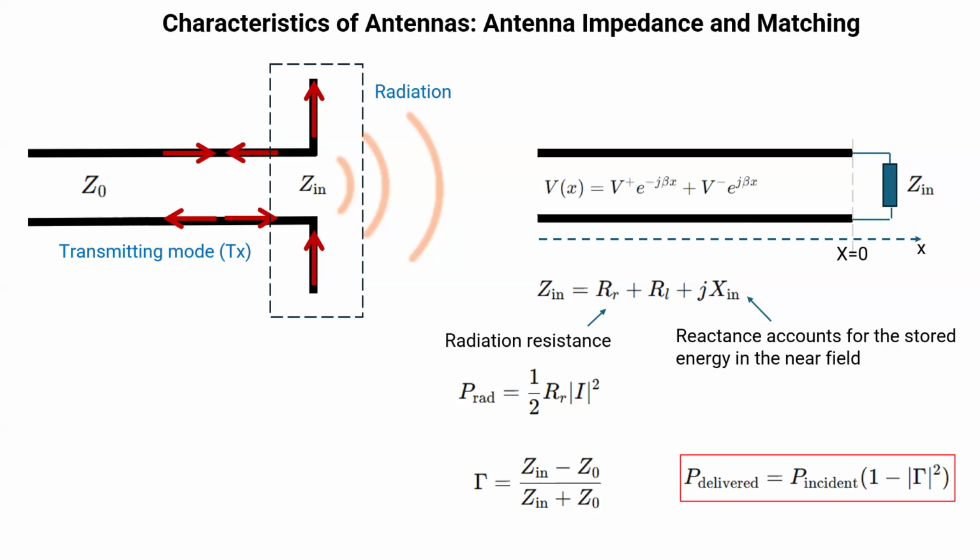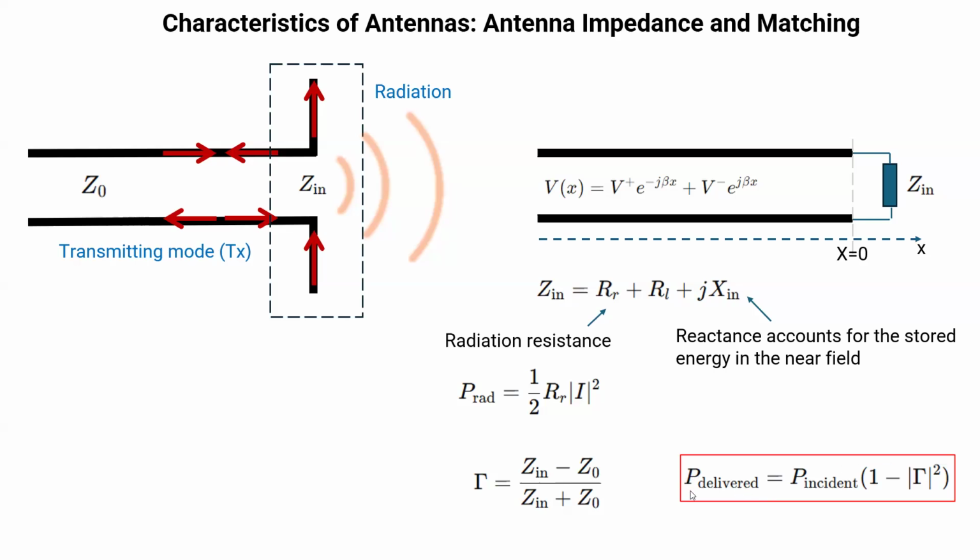I'm losing this energy in the form of reflection. The purpose of my antenna is to reduce or eliminate this reflection completely. So I'm introducing this delivered power, which depends on the reflection coefficient. If the reflection coefficient, which describes the part that is reflected, is 1, then the delivered power is 0.